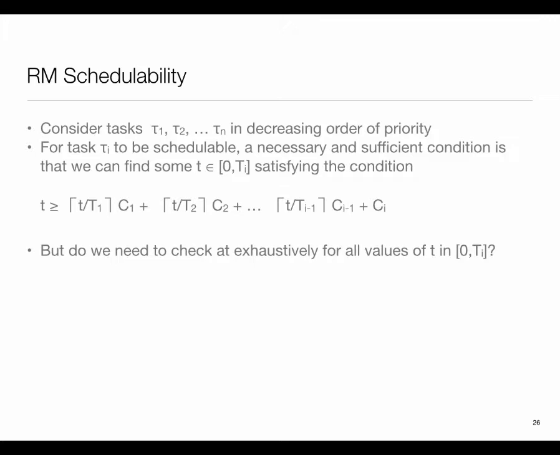So as I'm increasing t, it's not as if the right-hand side is increasing in a smooth fashion. It jumps at multiples of t1, t2. So another way of saying it is, I really need to check the existence of this t at values which are multiples of all the periods, in fact the small periods which are smaller than the one for the ith task.